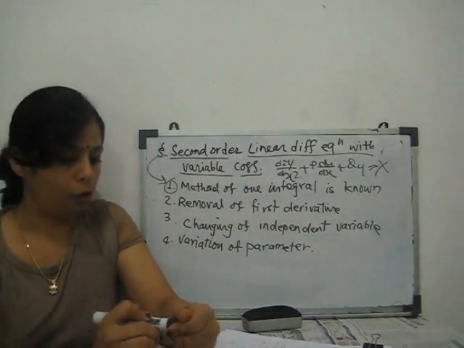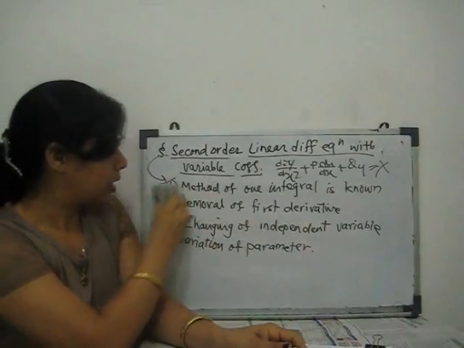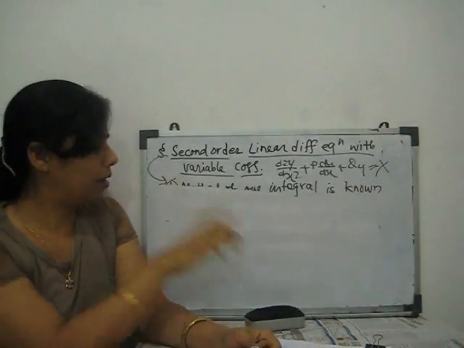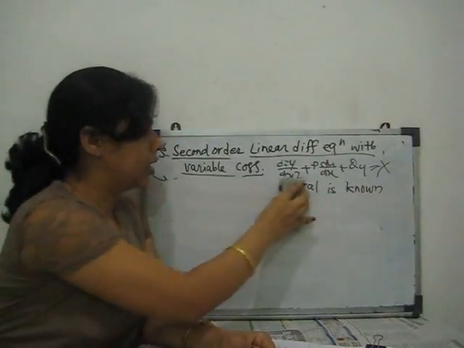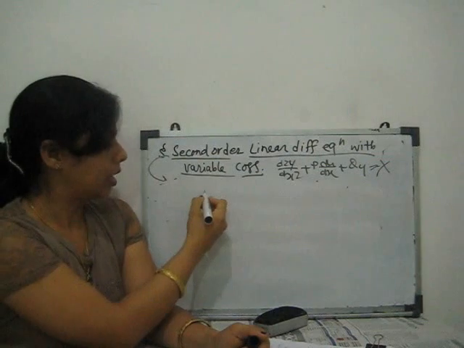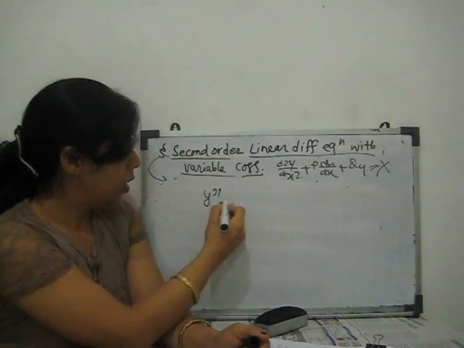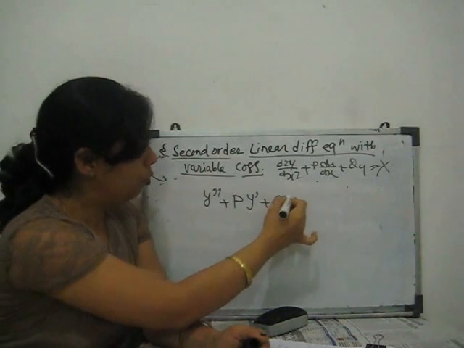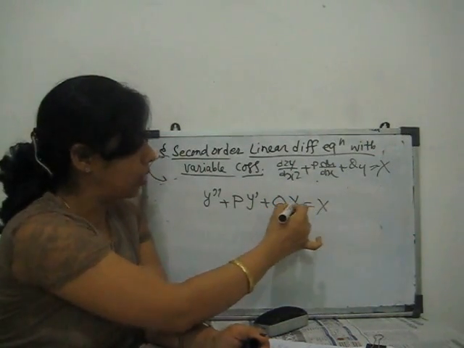Clear? So what does this method say? I will just explain, then we go for the examples. Our method of one integral is known. Our standard equation is this. In second notation, y double dash plus py dash plus qy equal to x.